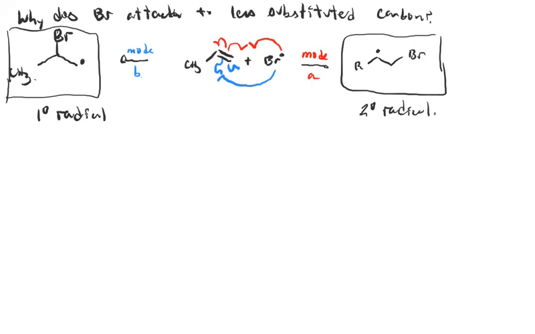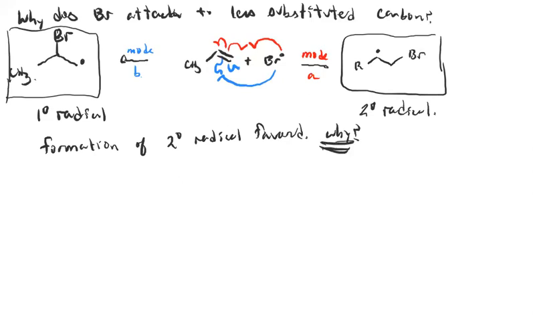Okay, and formation of the secondary radical is favored. And the $1 million question, of course, is why, right? And so there are two things that we need to think about. So one's kinetics and the other is thermodynamics.